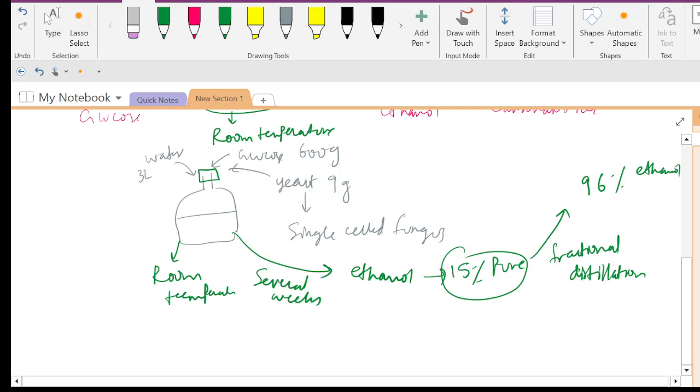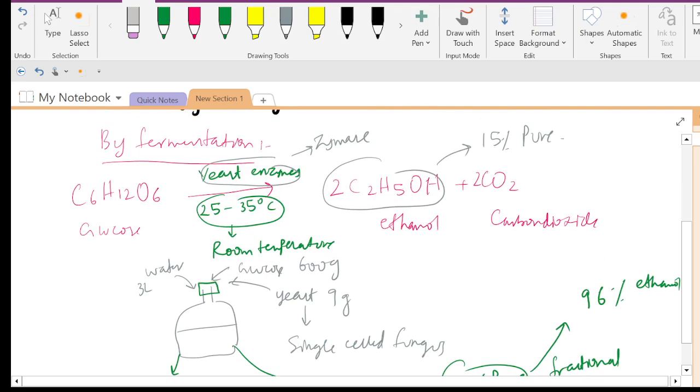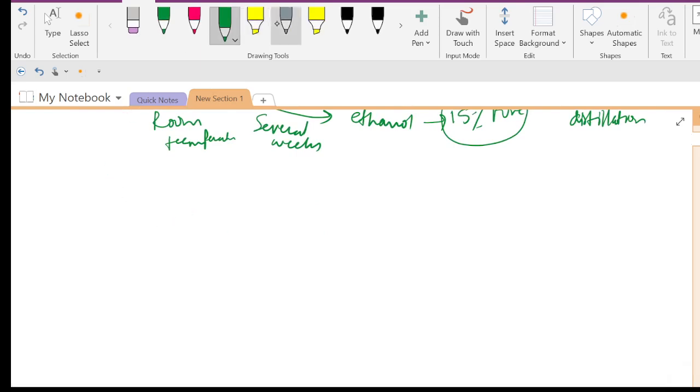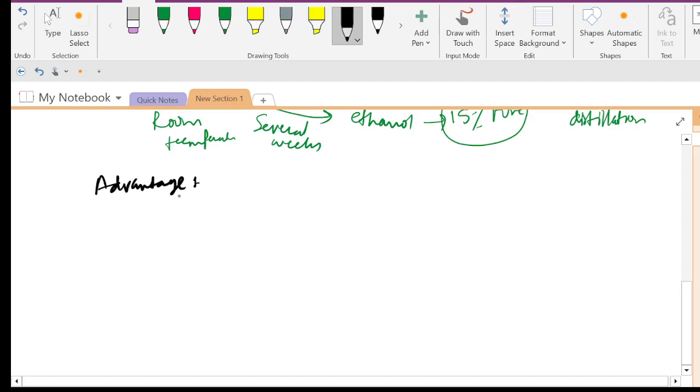What are the advantages and disadvantages of this process? The first advantage of this process is that it occurs at room temperature, right?